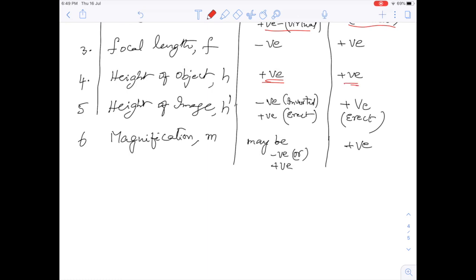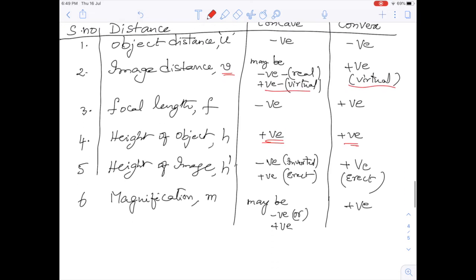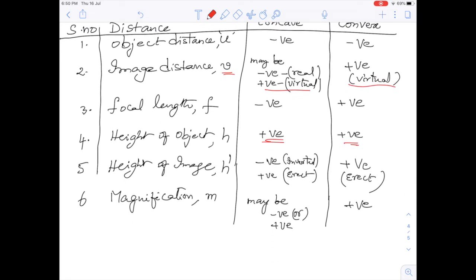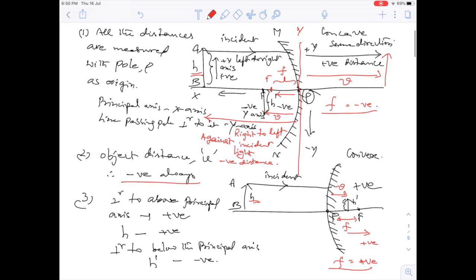Then height of the image. As I have discussed, in the case of a concave mirror, the image may be real and inverted. If it is inverted, it is below the principal axis, therefore it is negative, and if it is virtual and erect, then it is above the principal axis, therefore it will be positive. Suppose this is a real and inverted image. An inverted image is below the principal axis in the negative y direction, therefore the height of the image, h dash, will be negative.